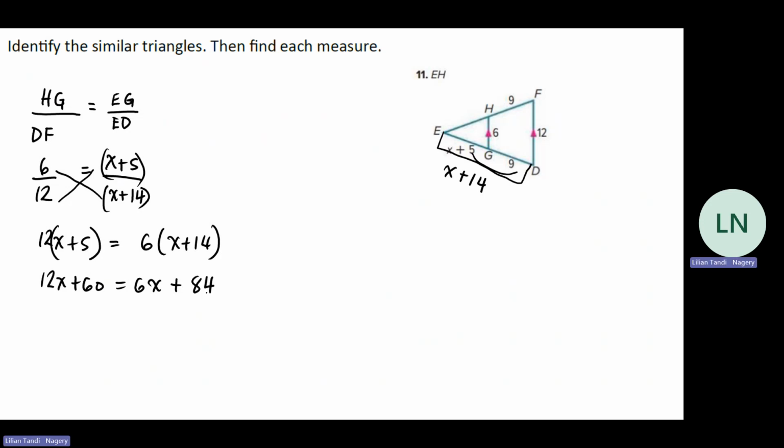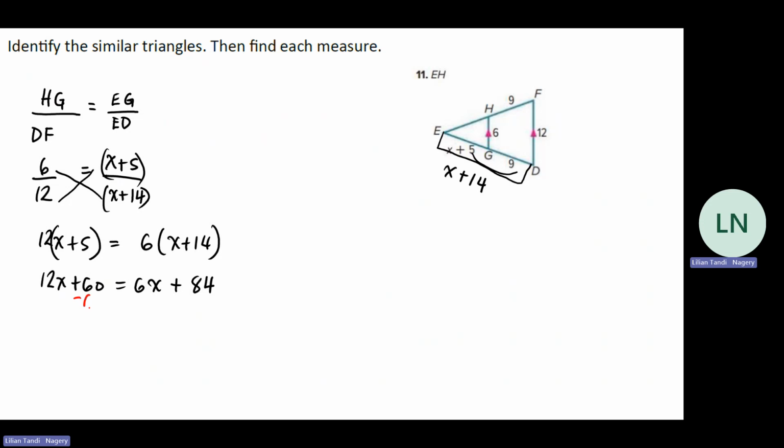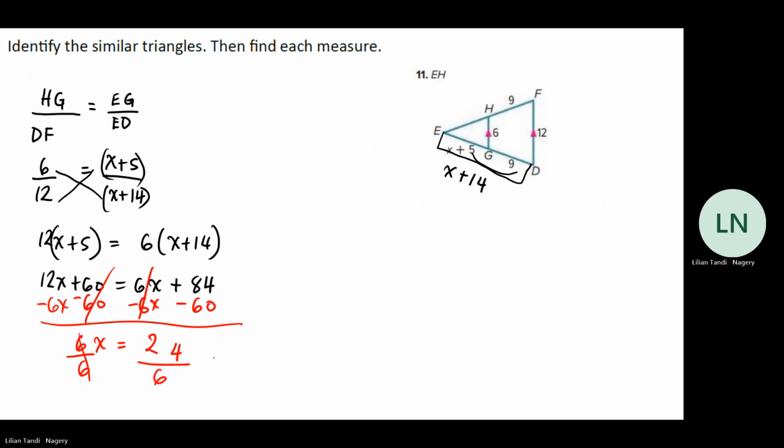Okay, so then minus 60, this goes away, minus 6x, this goes away. So I'm left with 6x equals 24. Divide by 6, divide by 6, x equals 4.